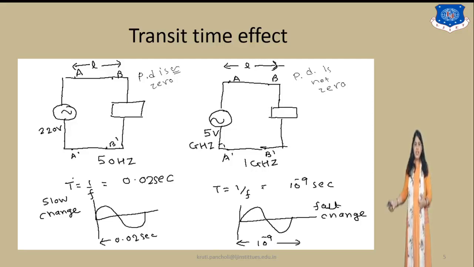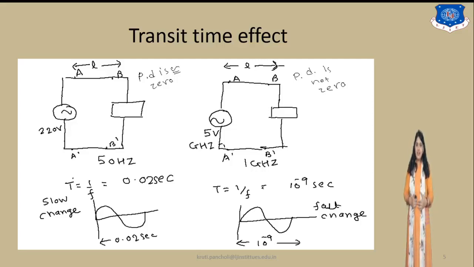While calculating the period, T is equal to 1 upon F, which is 0.02 second. So you can see the sine wave shown for 0.02 second.